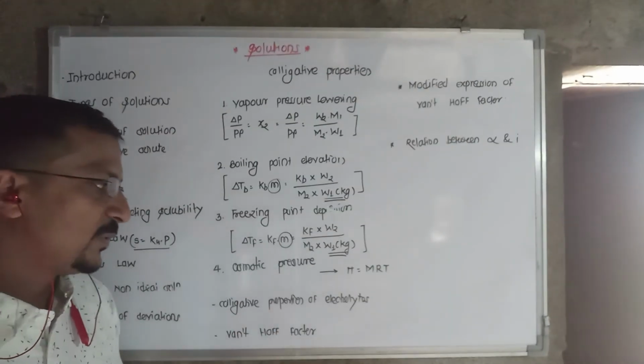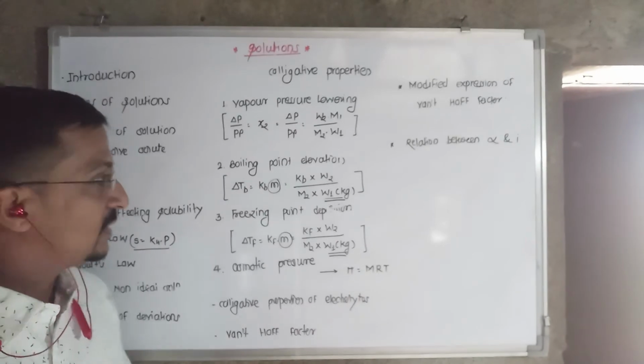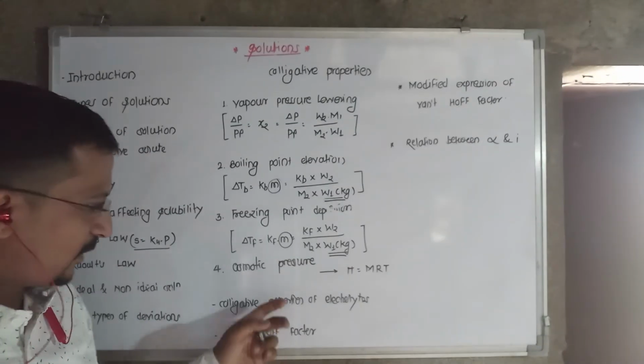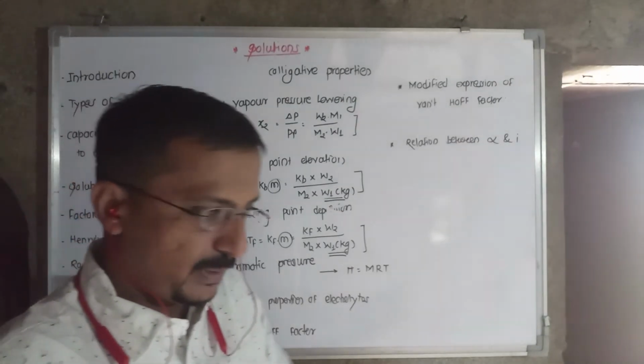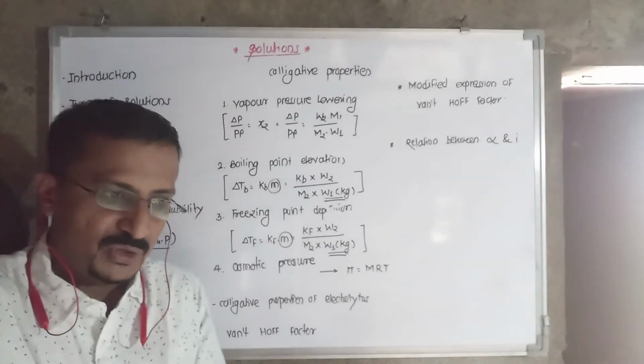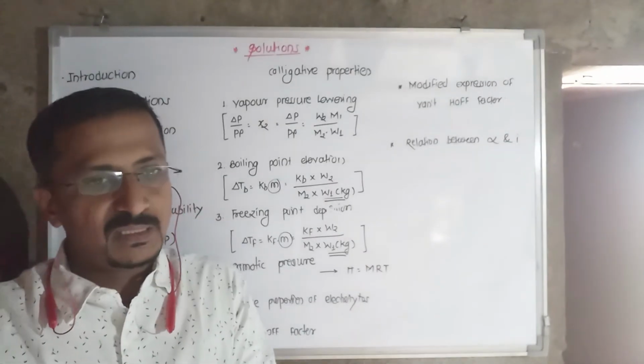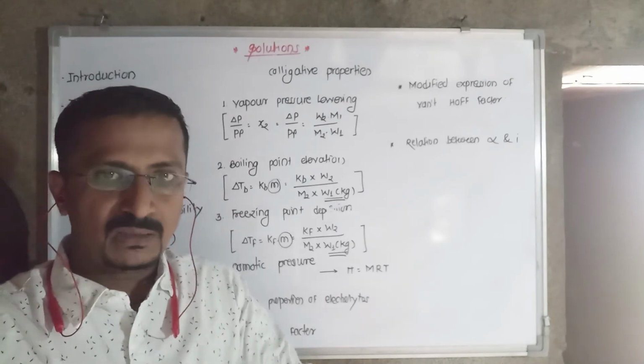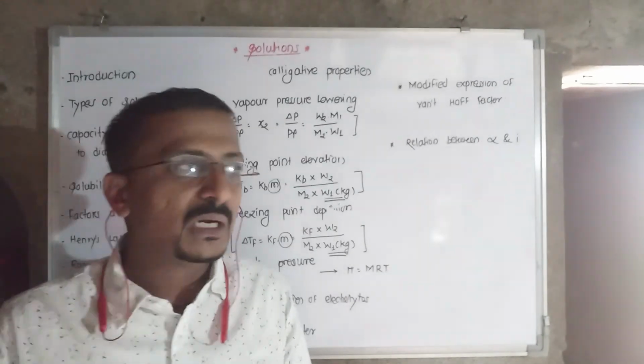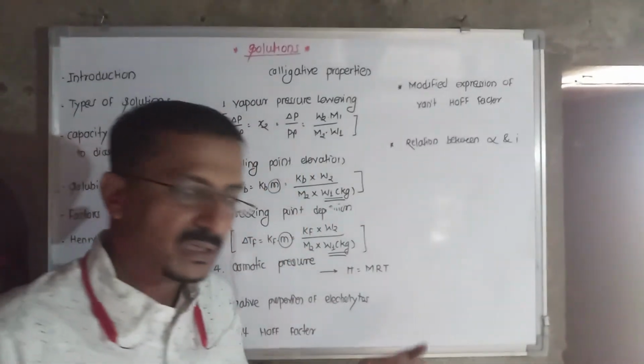Then colligative properties for electrolyte solutions. Till now we saw non-electrolytes. But what is the difference if you prepare a solution of similar concentration for an electrolyte and for a non-electrolyte? Are the colligative properties the same or different? They are different.